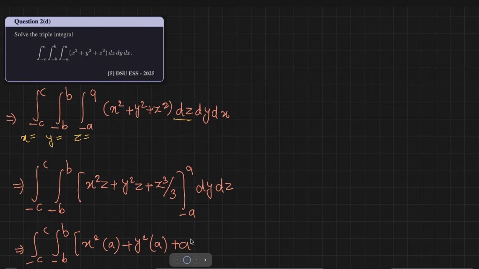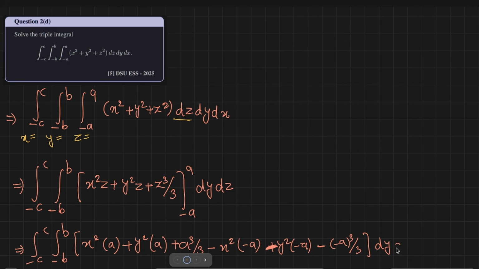Okay, x square into a plus y square into a plus a cube by 3, then minus of x square into minus a plus y square into minus a, this is also minus because the whole minus will multiply, and minus of minus a cube by 3.